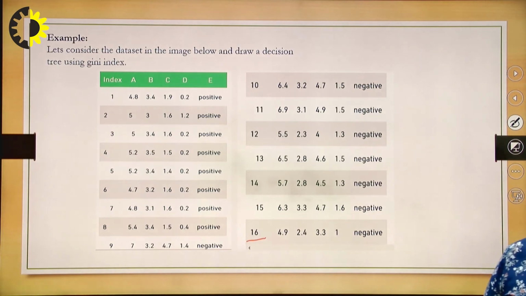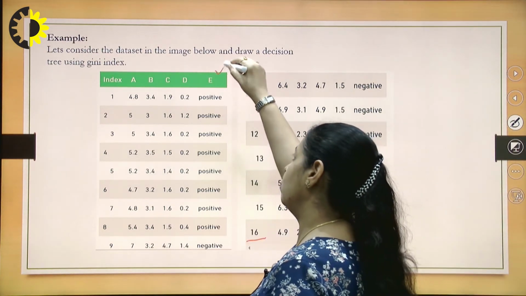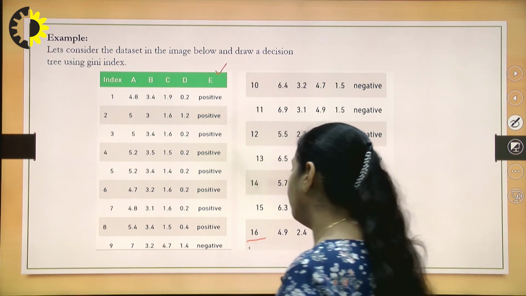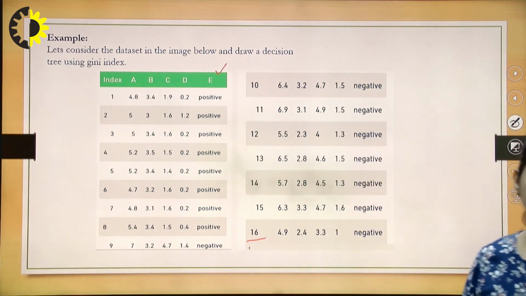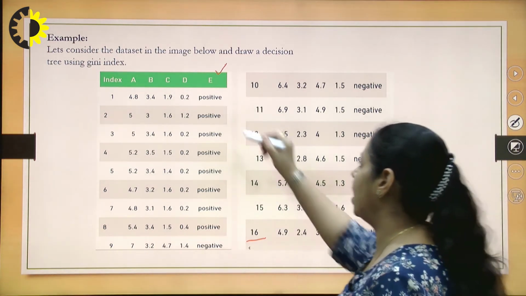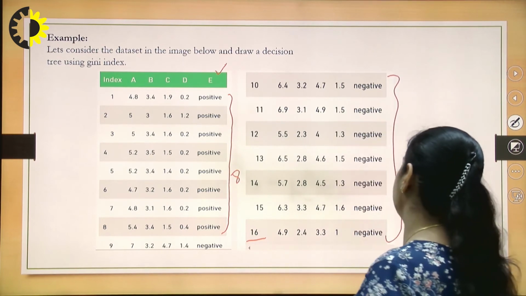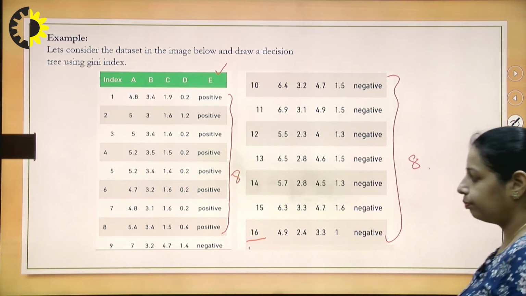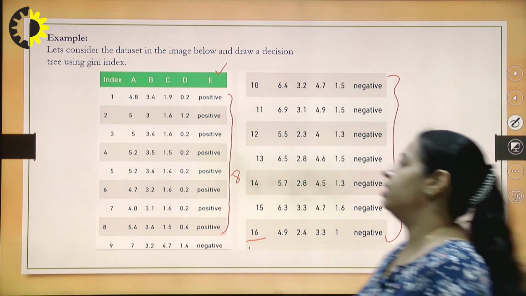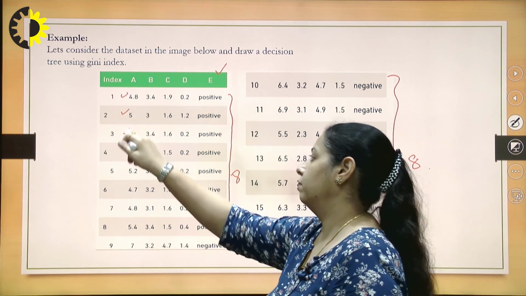There are 4 features, A, B, C, D, and the final output shows how many positive and how many negative classes there are. For this whole data set, we have an equal number of positives, that is 8, and negatives, that is 8. For the other features like A, B, C, D, we have different values.